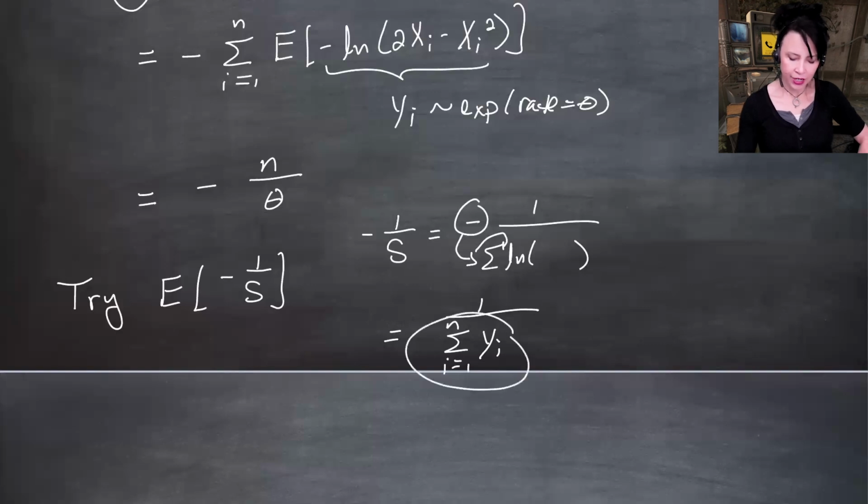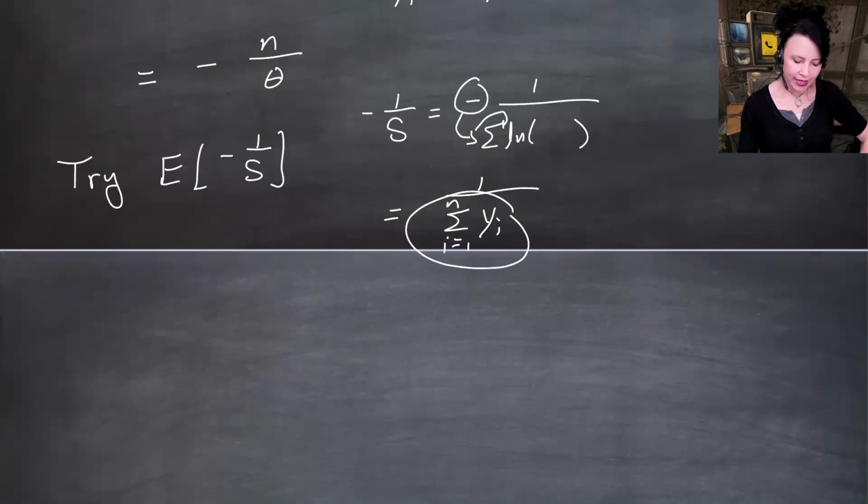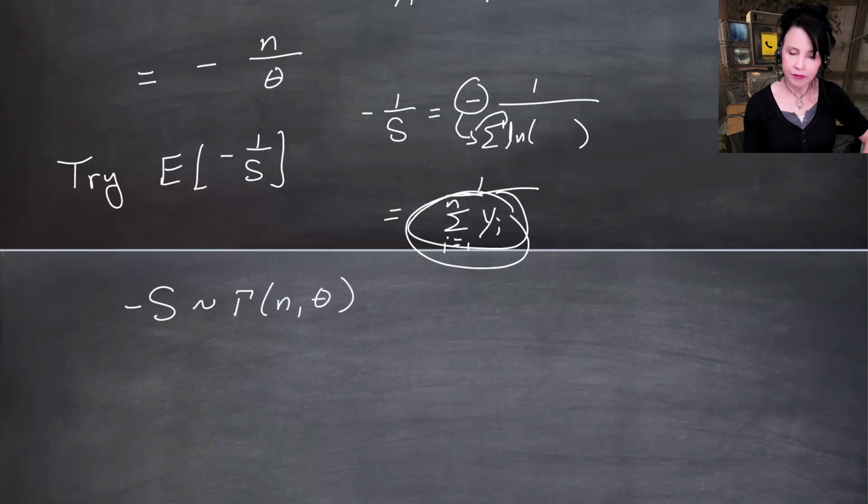So this has down here a gamma distribution with parameters n and theta, assuming you're using the parameterization of the gamma distribution we're using in here. Okay, so let's call this, we have a name for it, kind of. This is negative s. So maybe you want to call it something else, but negative s has a gamma distribution with parameters n and theta.